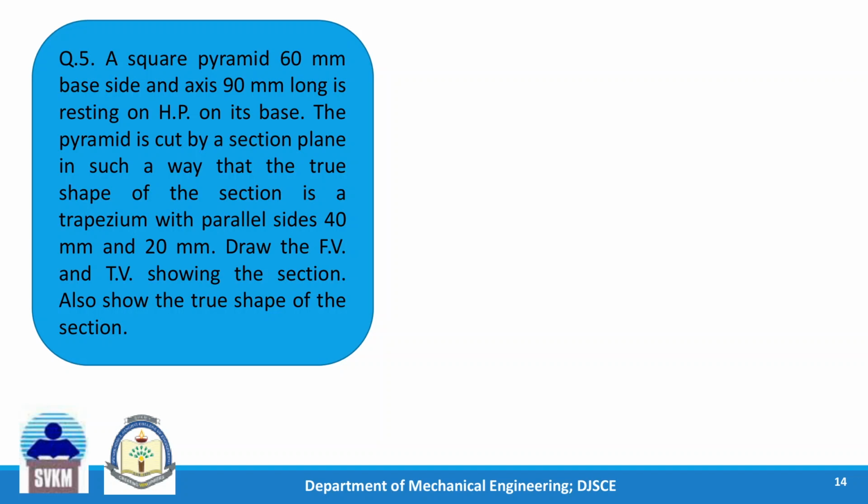Okay, so we have to imagine how it will be resting on its base on HP. So two sides should be parallel to VP, and then an auxiliary inclined plane will cut it so that the section will be a trapezium, and then we will draw it accordingly and get the inclination. So let us see that here.